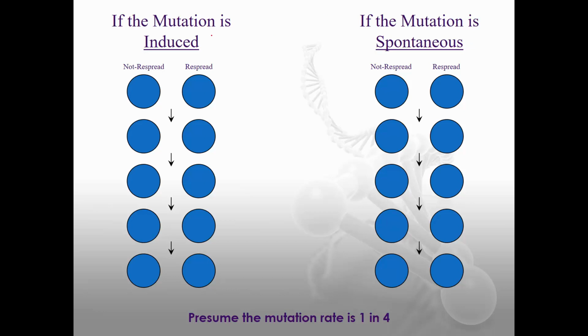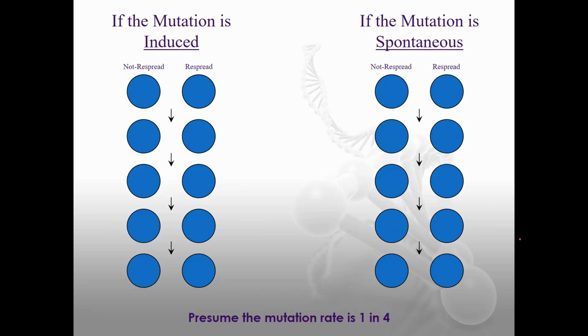The mutation is either caused by the selective agent, it's induced, or it is spontaneous and it has nothing to do with the selective agent being present. And so the only reason we're drawing both of these things out is because they give you different results. And so what you're going to do is you're going to see one of these results or the other result. And so let's see what these two possibilities give us.